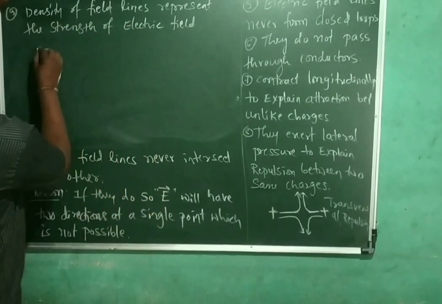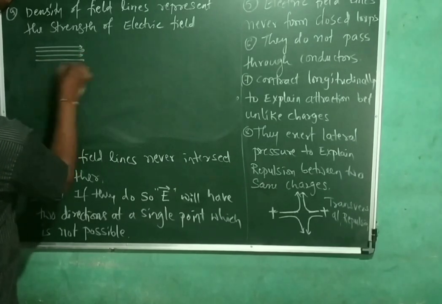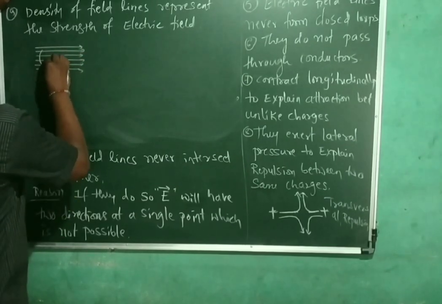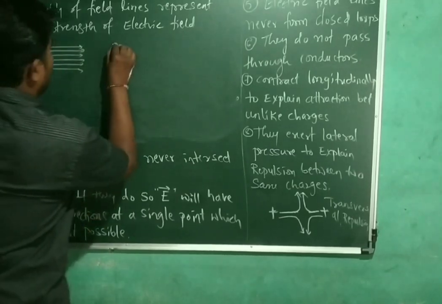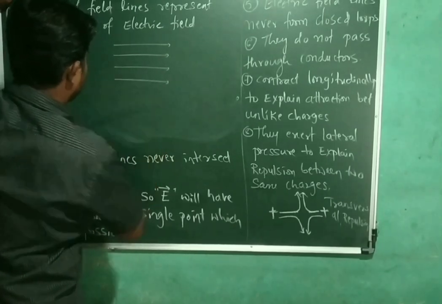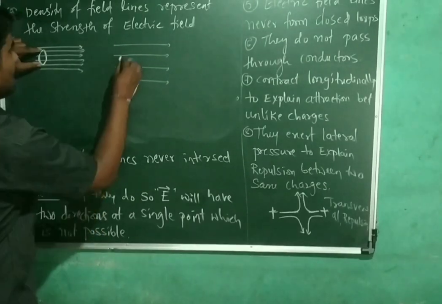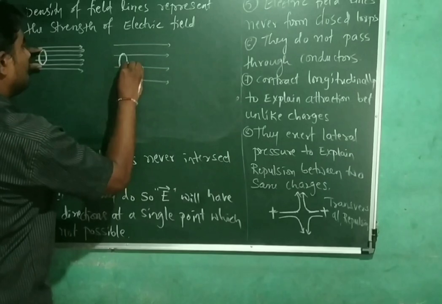For example, see here, these are electric field lines. Consider a unit cross sectional area, and one more type of electric field lines, and consider the same unit cross sectional area.